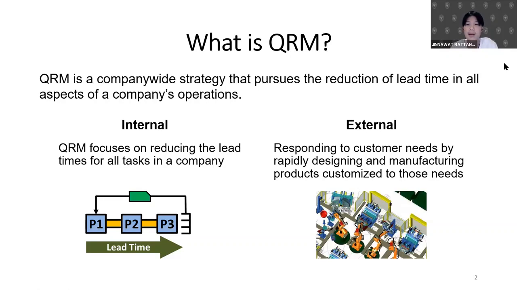And the external responds to customer needs by repeatedly designing and manufacturing products customized to those needs, something new which the customer needs our factory to do. So we will react faster than other companies and come out with new products faster than the other companies.